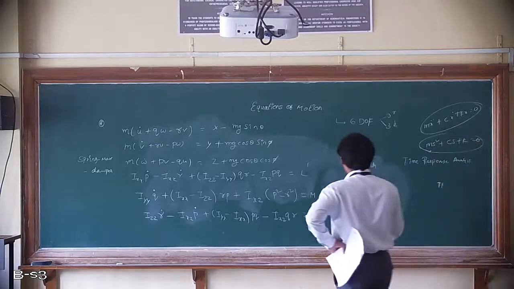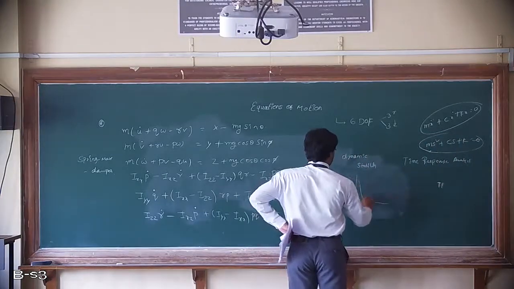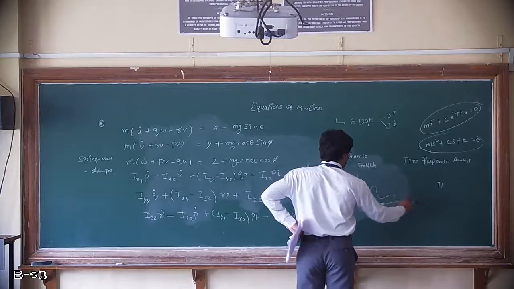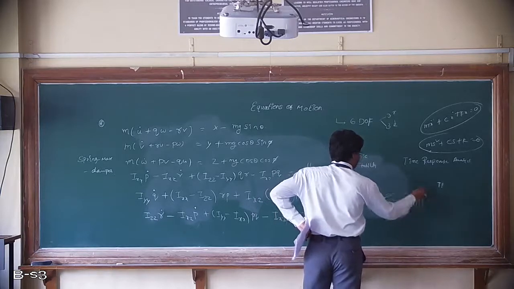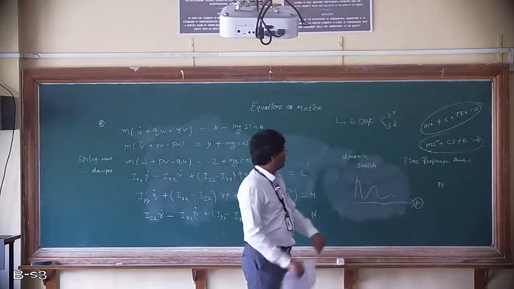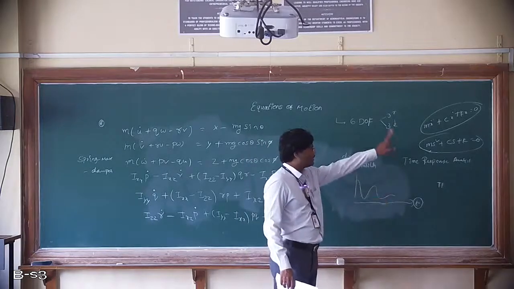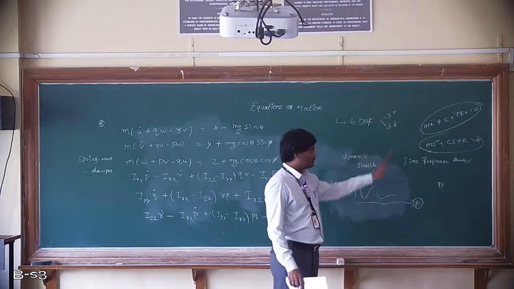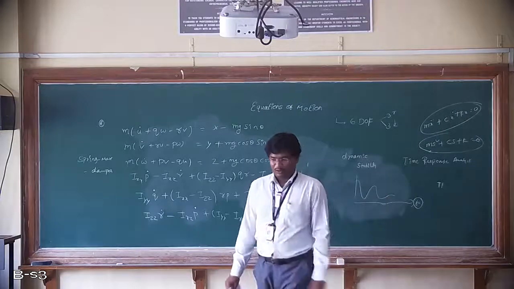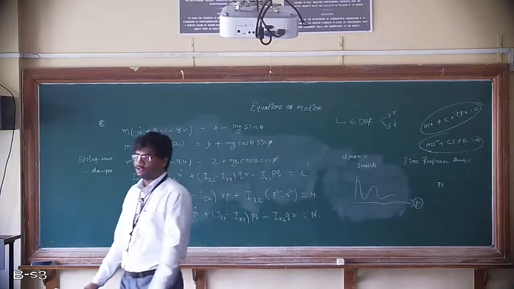If you apply some small force, how will that system respond? How will the system respond with respect to time? This thing you have to know. So if you want to know this, you have to solve this equation. If you solve that equation, based on roots, how will you define the system stability?